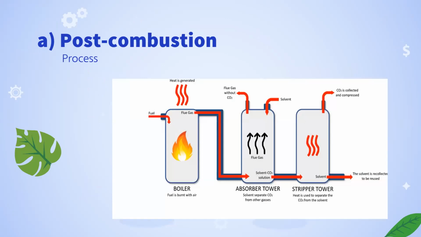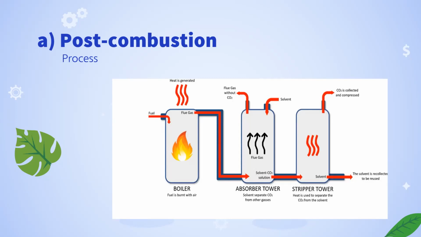So let's start with post-combustion capture. As the name implies, we would be capturing the carbon after it being combusted. This is well described by the figure below. Fuel is actually burnt with the presence of air to create a flue gas. And the flue gas undergoes chemical absorption in an absorber tower with a solvent.